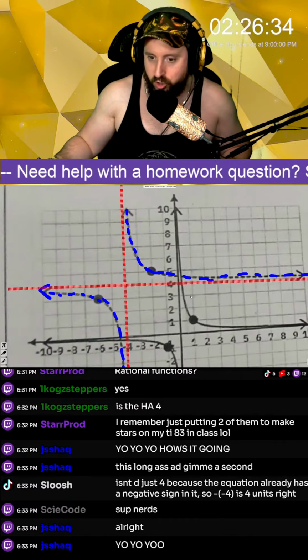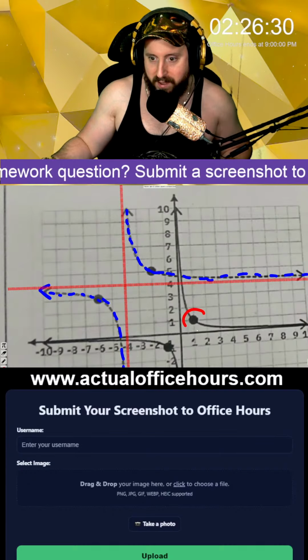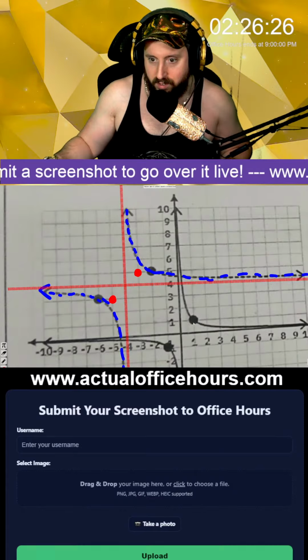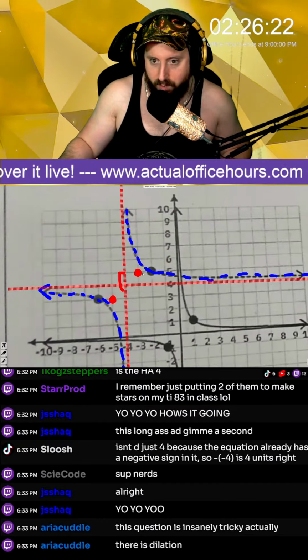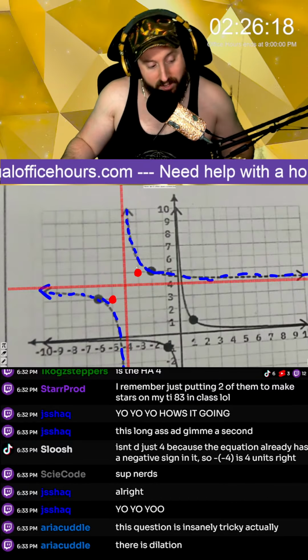Okay. So let's see, right? So if this was a pure shift, from here up to here, we would expect this point to also be here, right? Do you see how this is like 1 up and 1 to the right, and then 1 down and 1 to the left? So this should be 1 up and 1 to the right, 1 down and 1 to the left. But it's not. Exactly, Arya. It is a dilation.